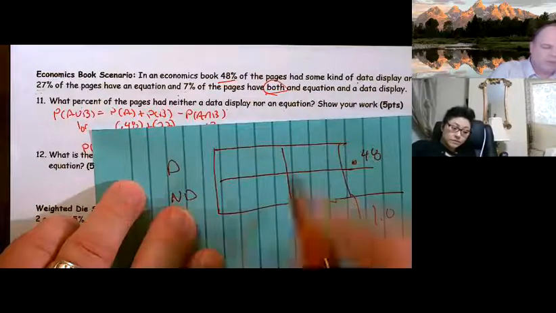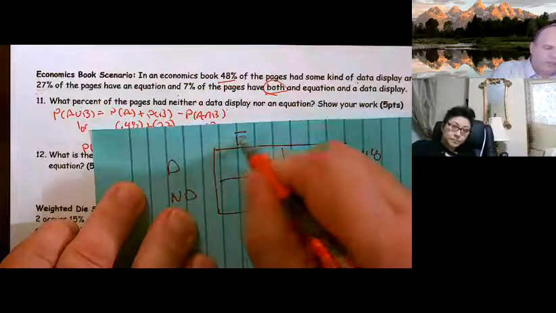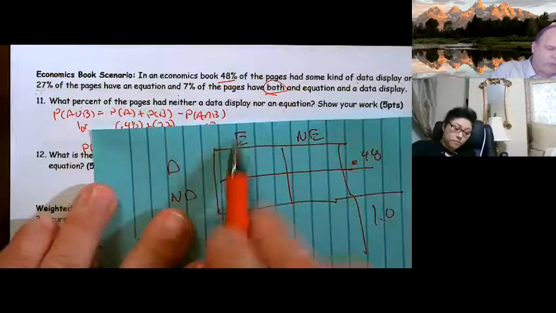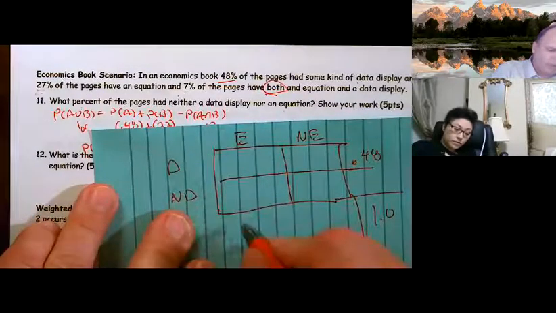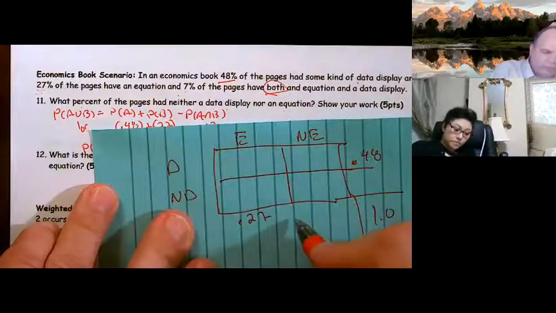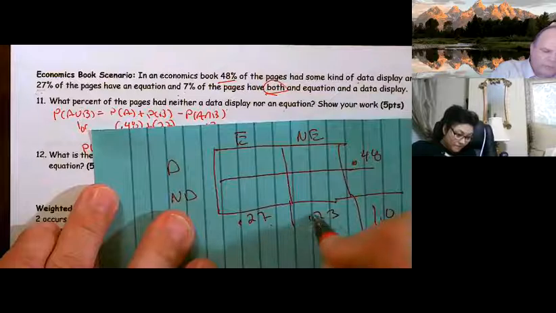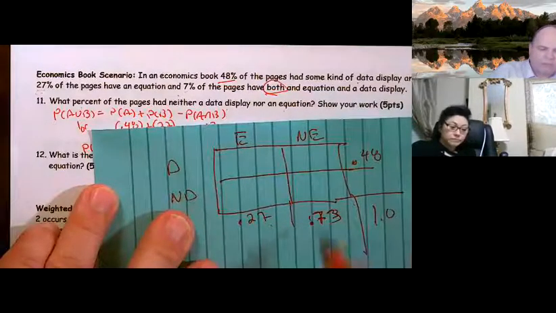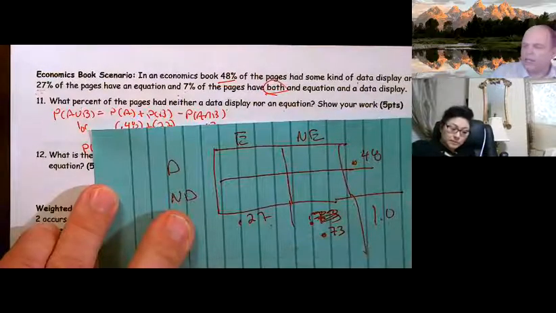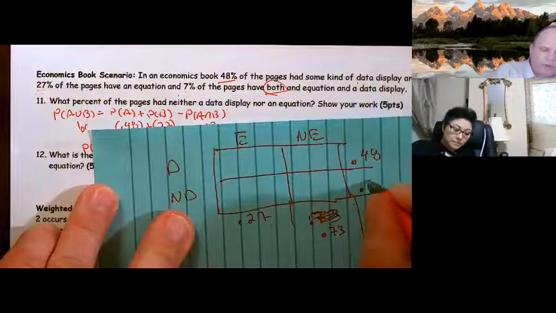An equation shows up 27%. 1 minus 0.27 is 0.73. Try that again. I apologize. There we go. And then 1 minus 0.48 is 0.52.